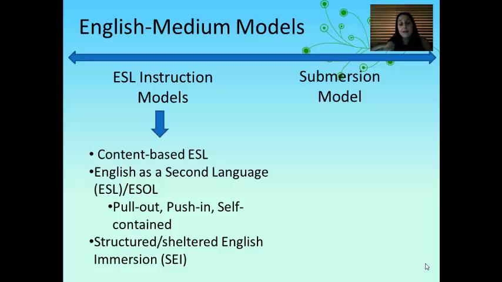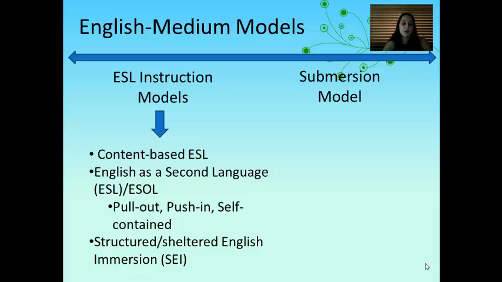Moreover, the parents and the members of the community have to be on board, right? They have to be seeking those services where they want their children to continue learning that first language as well as English. So in cases where those things are not possible or not available, English medium programs are the next best option.